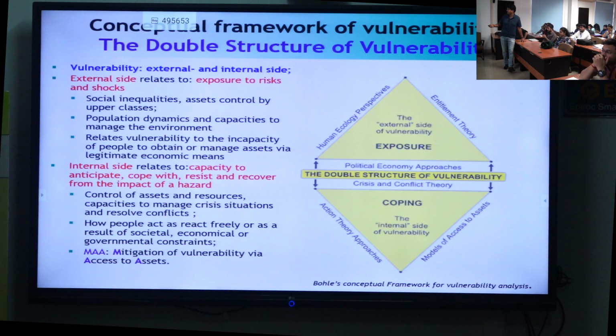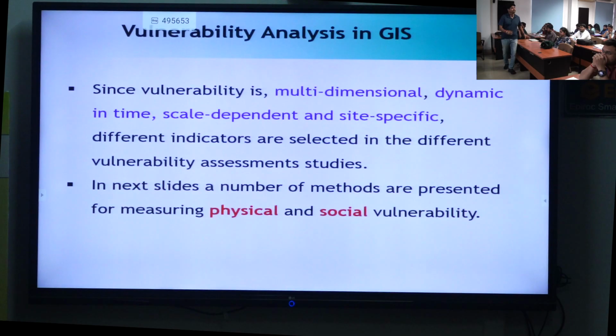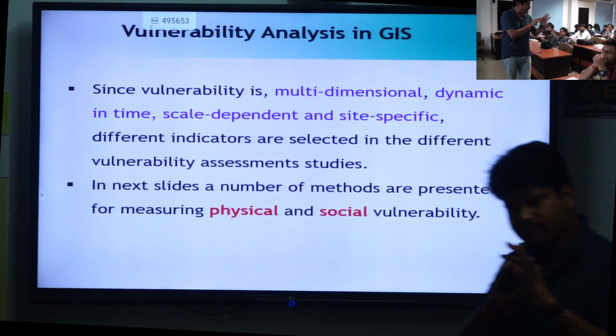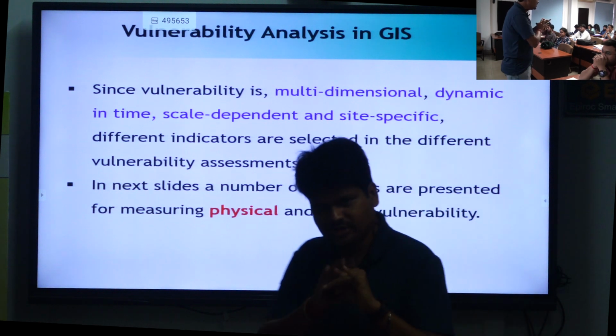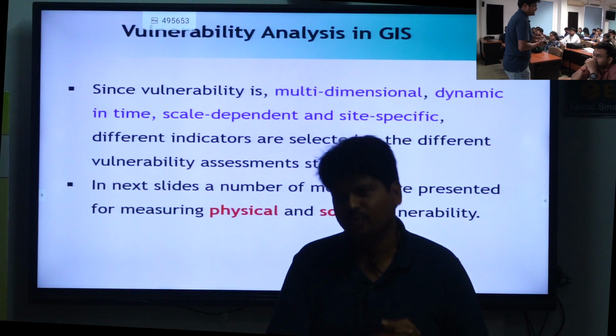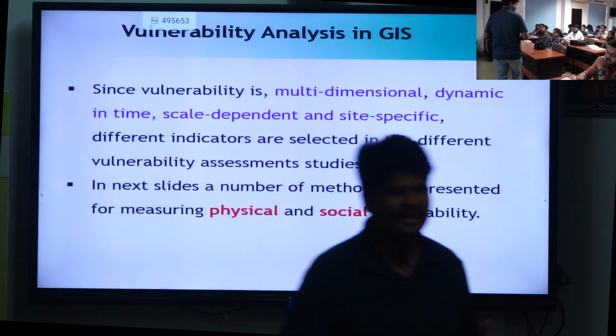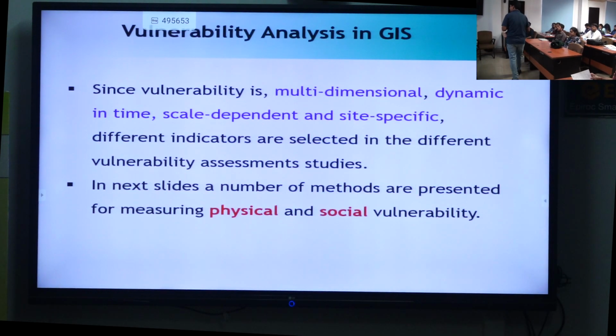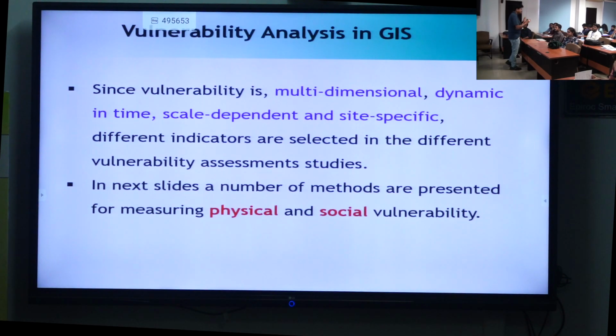Now, all these 4 types of vulnerability we know is multi-sectoral, and when we are dealing with multi-sectoral, obviously we need GIS to manage the data. Okay? All physical, social and everything, we need GIS to build the data set.